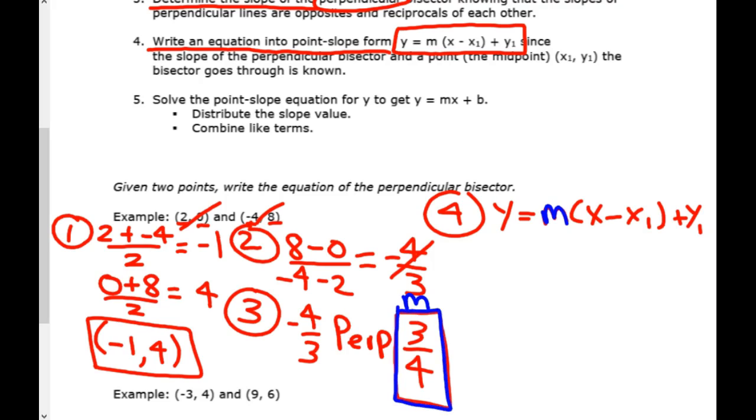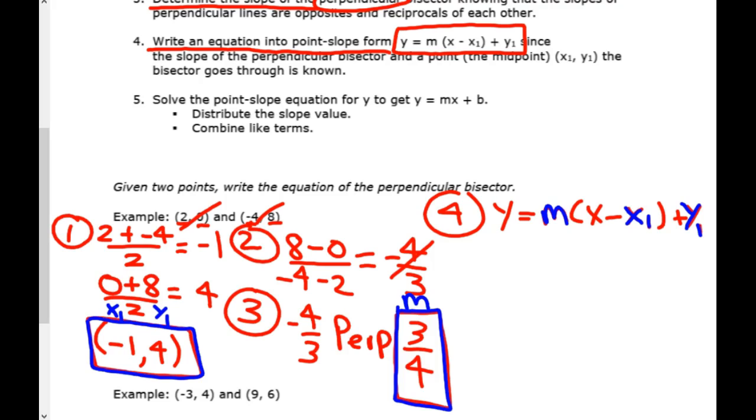And then x1, y1 is a point. What's the point I care about? Over here, this midpoint. Cool? So you can see it in blue. I'm going to use that slope and that point in the point slope formula.